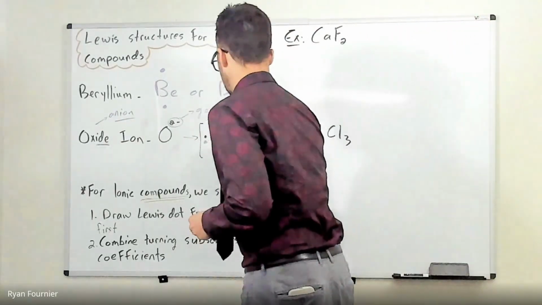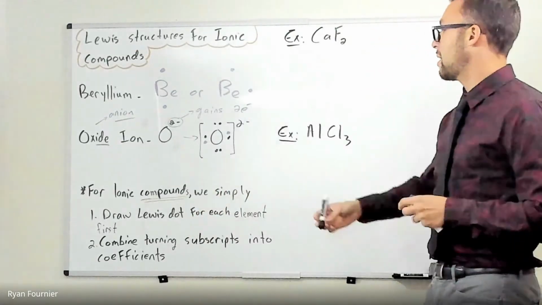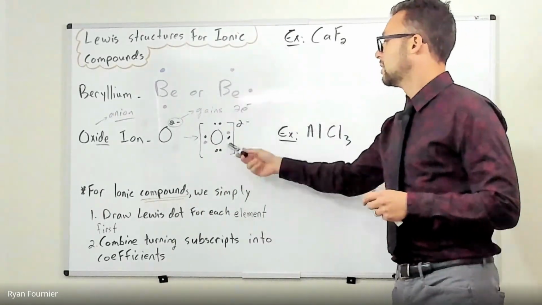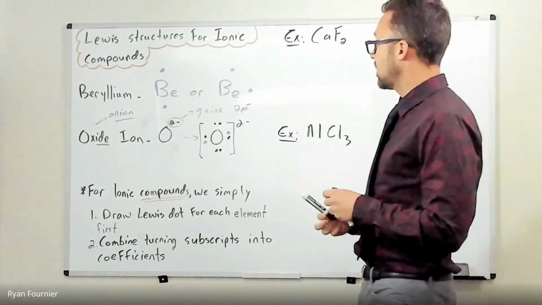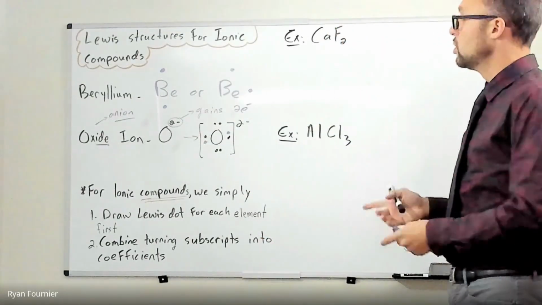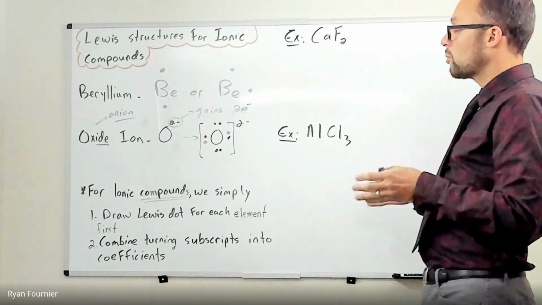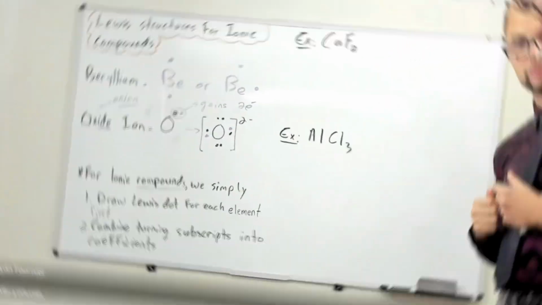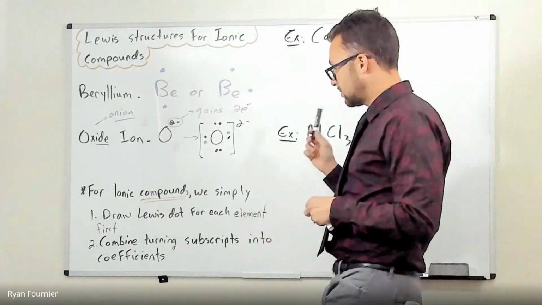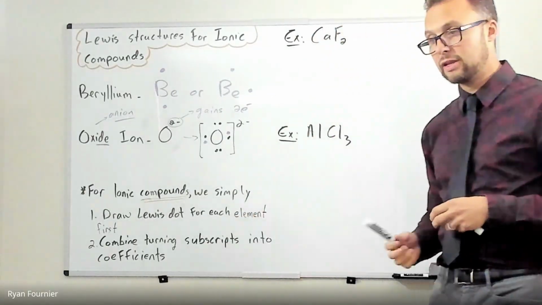So again, just kind of a recap, when you're drawing a regular element or an ion, this is how we do it here. So only the ions are in brackets. Now that's going to be true when we incorporate this into the ionic compounds as well. For ionic compounds, we simply draw the Lewis dot diagram for each element in there.